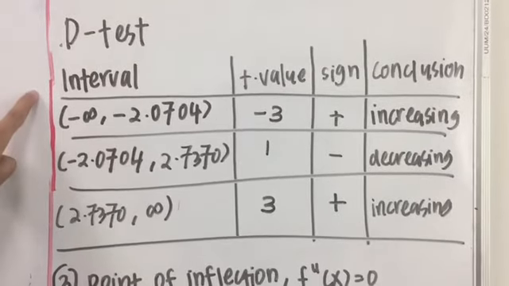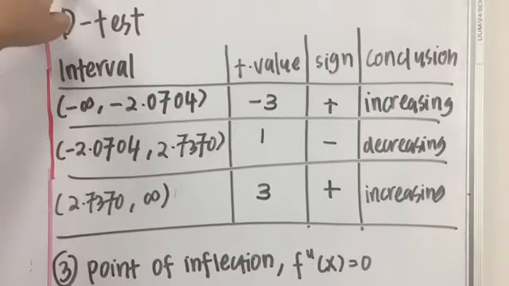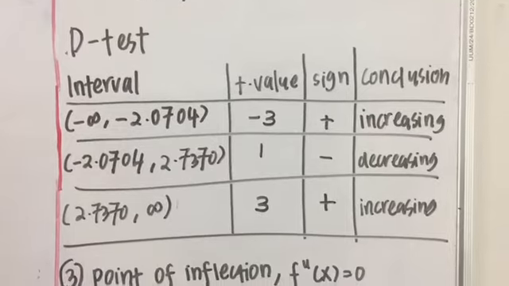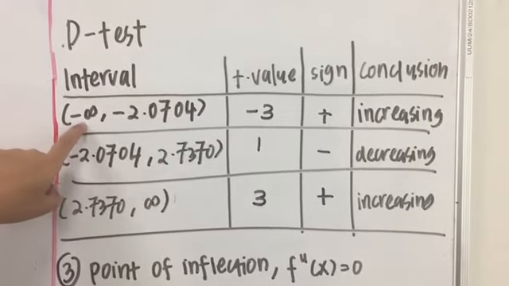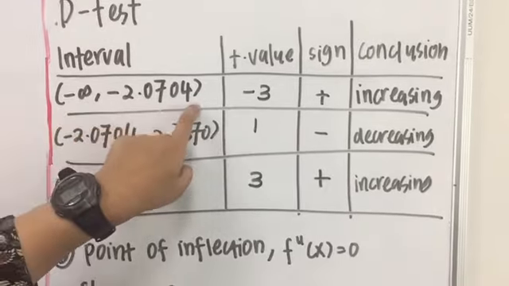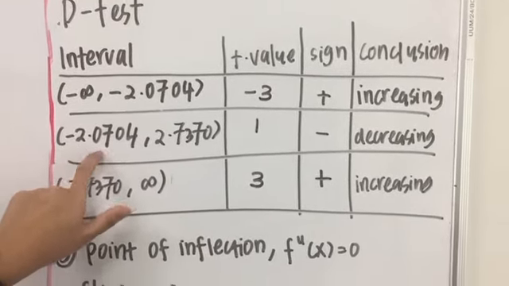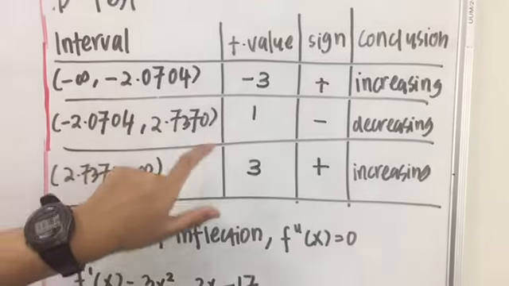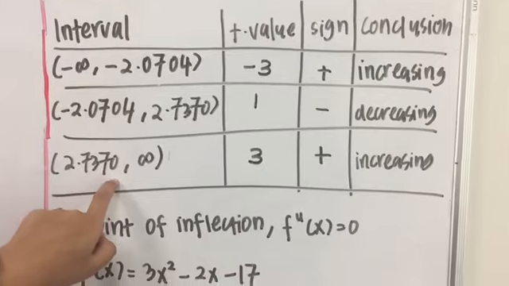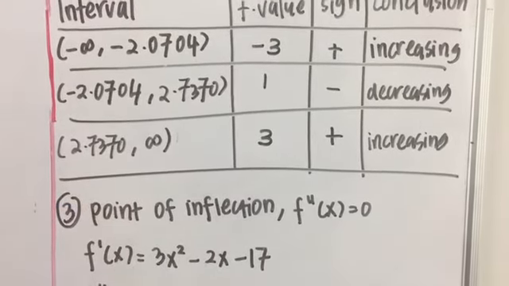Next, we use the first derivative test. For the intervals, we have two values of x, so we get the intervals from negative infinity to −2.0704, from −2.0704 to 2.7370, and from 2.7370 to infinity.